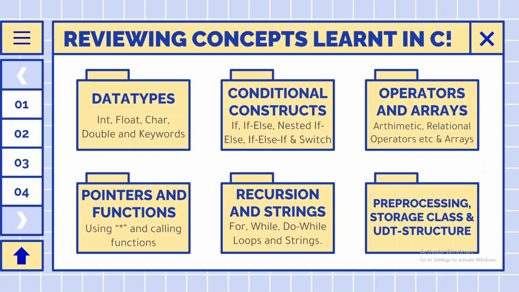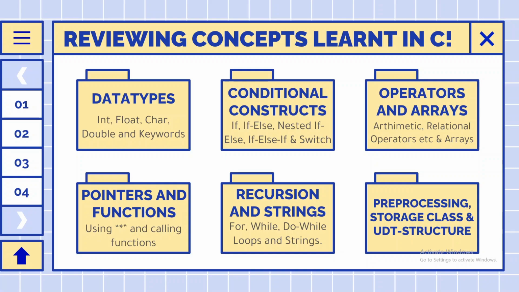Next, we have the pointers and functions through which we declare a variable, which is basically a pointer that points to another variable, and the different ways in which functions can be called in the main function. Next, we have the recursion and strings.